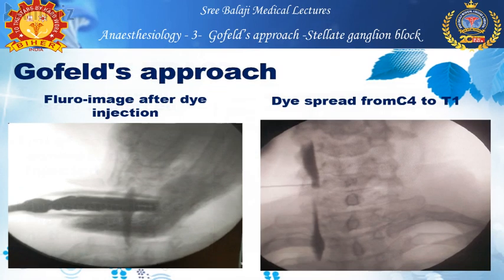Now we can see 2 pictures which is showing the spread of the dye in the cephalocaudal direction from C4 to T1 in the subfascial plane between the prevertebral fascia and the longus colli muscle.